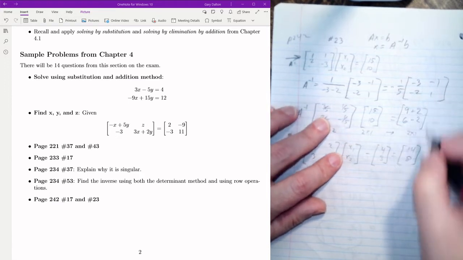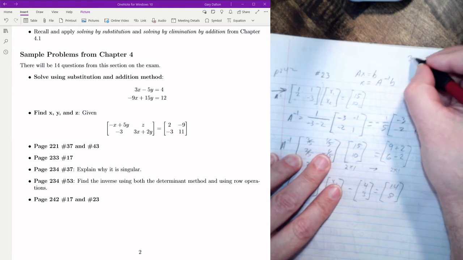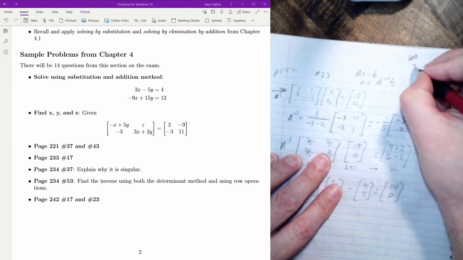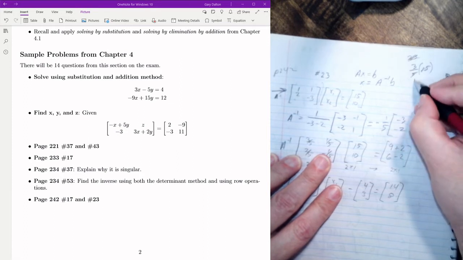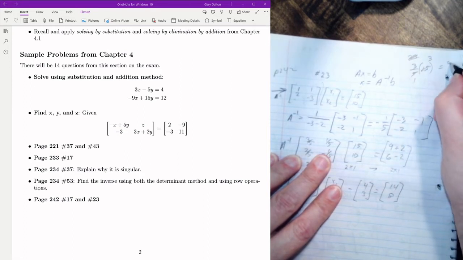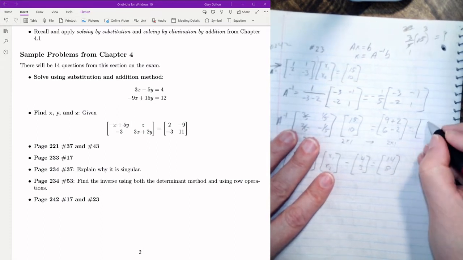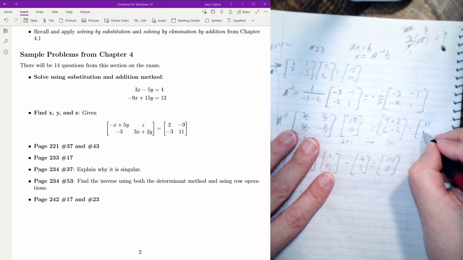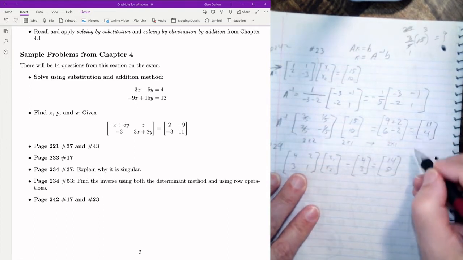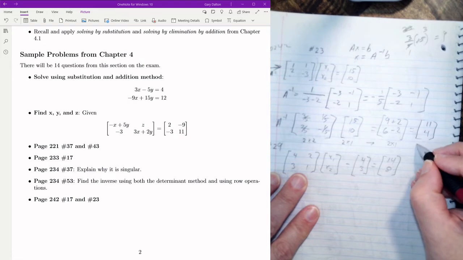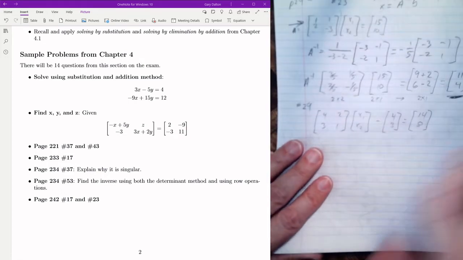If you're not sure where that's coming from, I'm going to do that real quick up here. 3/5 times 15 equals 9. Okay? So we have 11 and 4 is our resultant matrix. That's the result. So this is equal to X. This is the answer to that one.